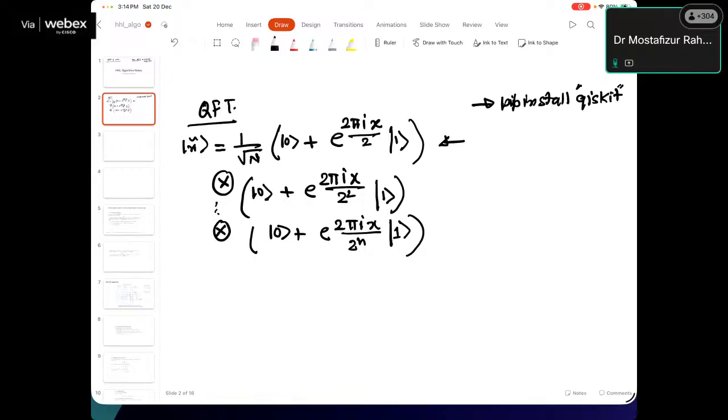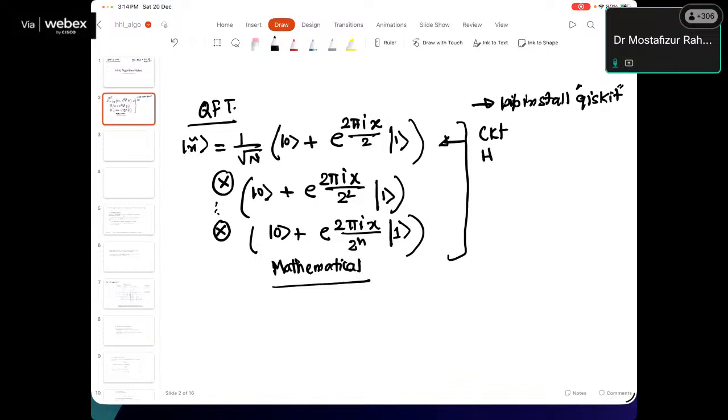So we have seen this expression, and we try to understand what sort of quantum circuit operations we need to do. On the left hand side, this is the mathematical expression, and on the right hand side, if we look at the circuit part, two kinds of circuit elements we discussed yesterday.